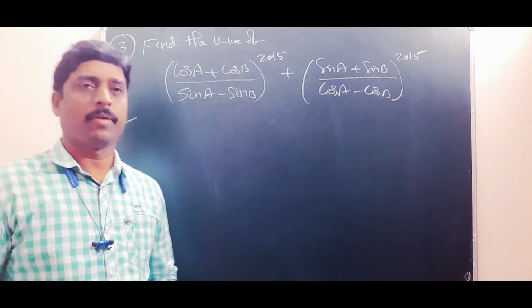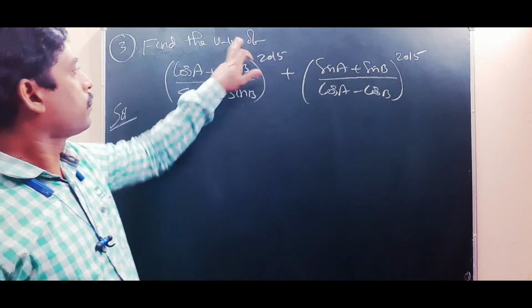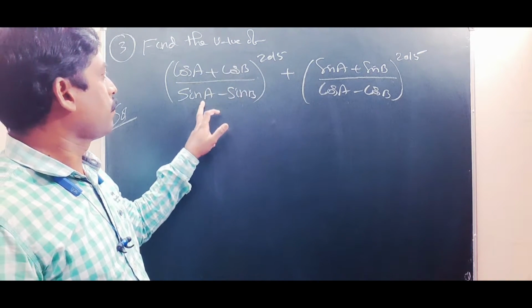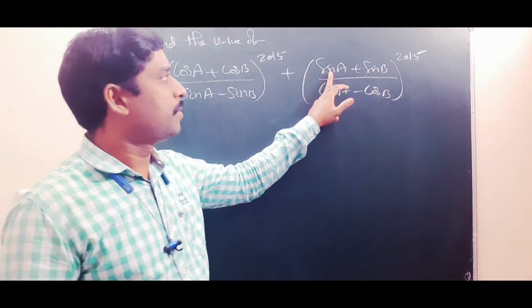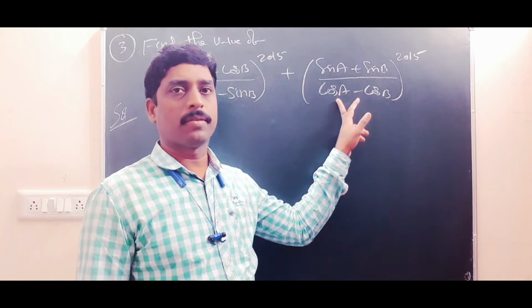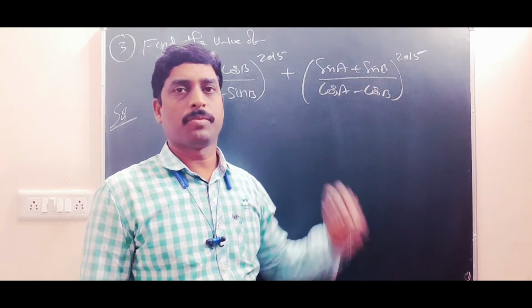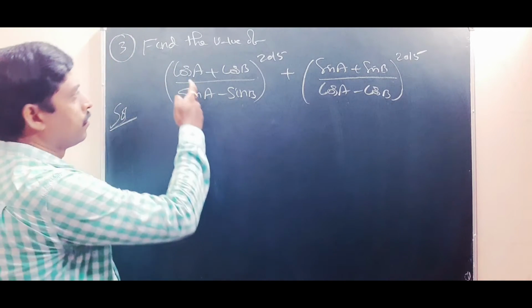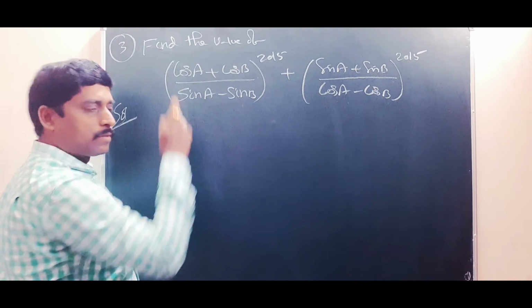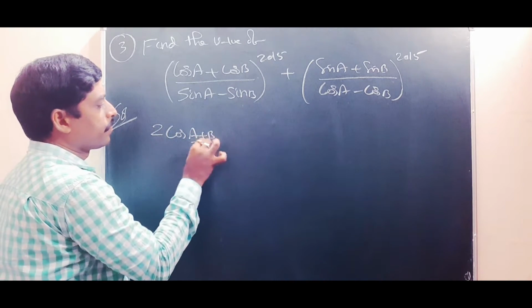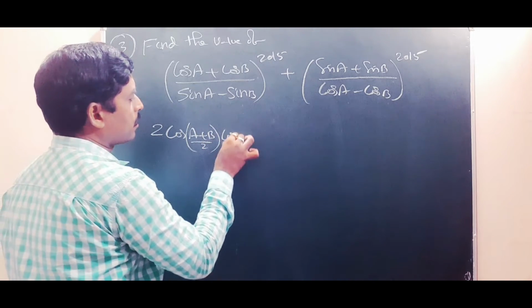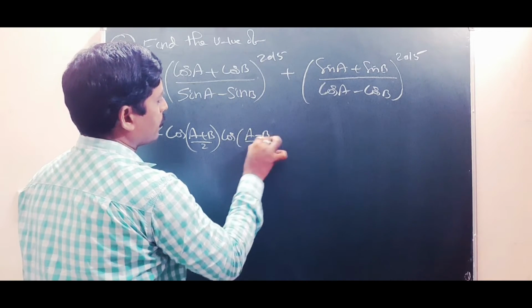Okay, let us go to the next problem. Find the value of (cos A plus cos B by sin A minus sin B) whole to the power 2015 plus (sin A plus sin B by cos A minus cos B) to the power 2015. We have cos C plus cos D equals 2 cos (A plus B by 2) cos (A minus B by 2).